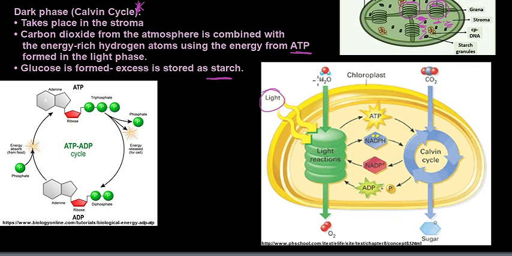Water is being sucked up from the roots of the plant, and that finally reaches the chloroplast. Then light energy from the sun goes into the grana, and there's a reaction that occurs.